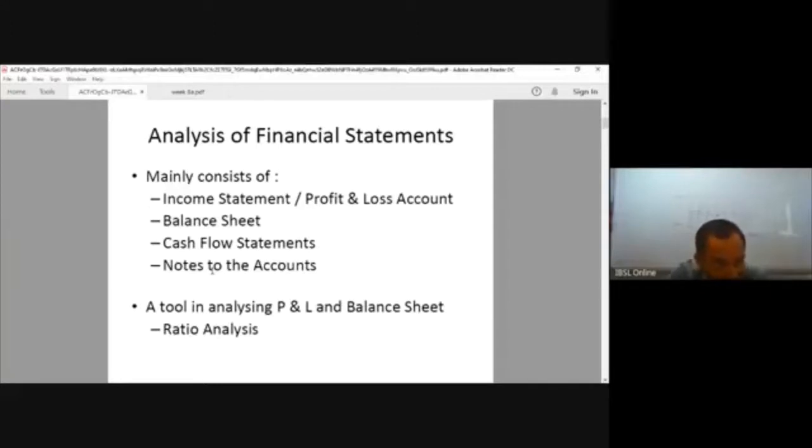So what is due for the particular period, we will charge. For example, if you have machinery, normally we depreciate it over a period of 5 years. The cash may have been paid 4 years back, but we keep charging the P&L every year 1/5 of that.